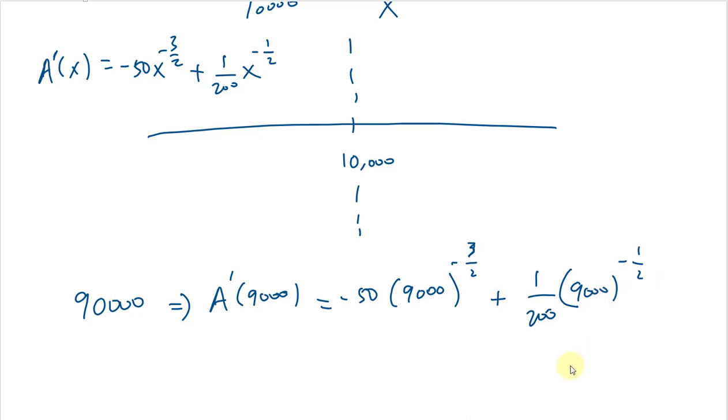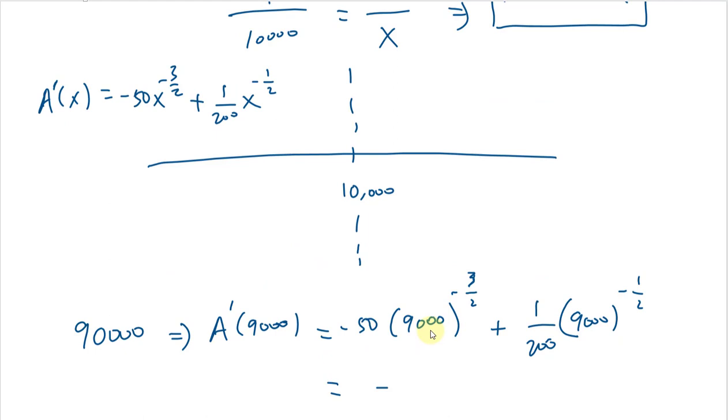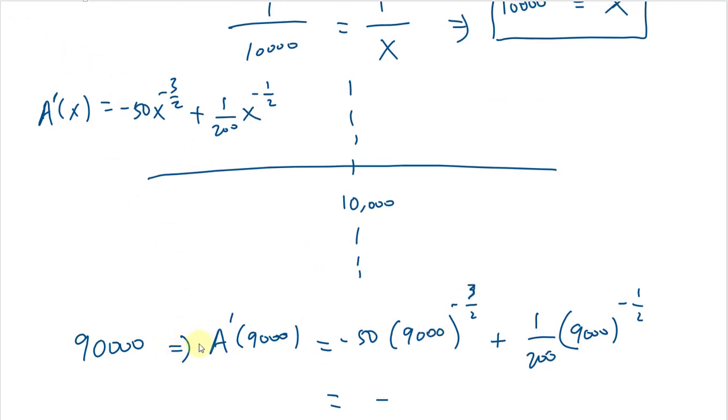Okay, let's use the calculator to make this calculation. 9,000 to the minus 3/2 multiplied by minus 50, and then add all of these, you get a negative value, right? Negative value. Okay, negative value means that if the first derivative is minus, your function is decreasing on the left side.